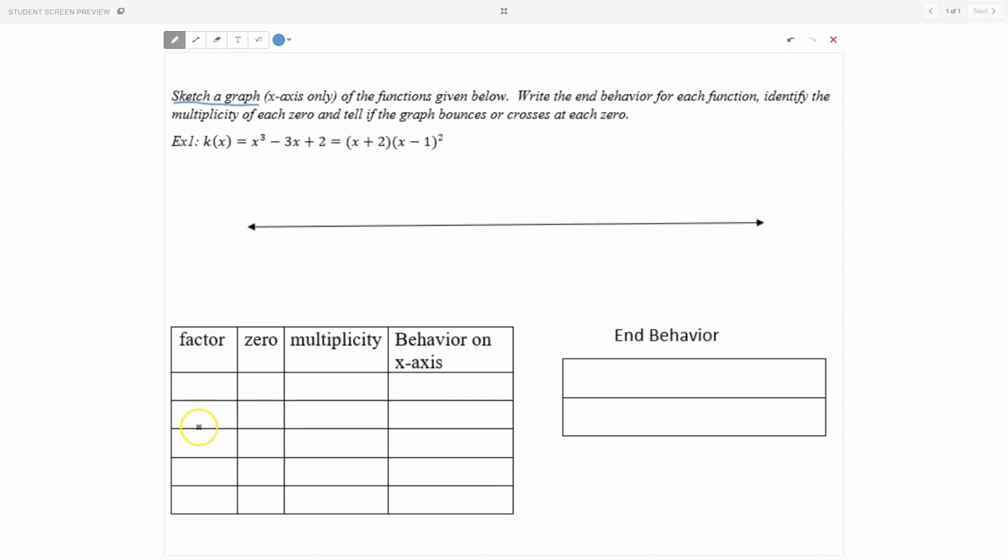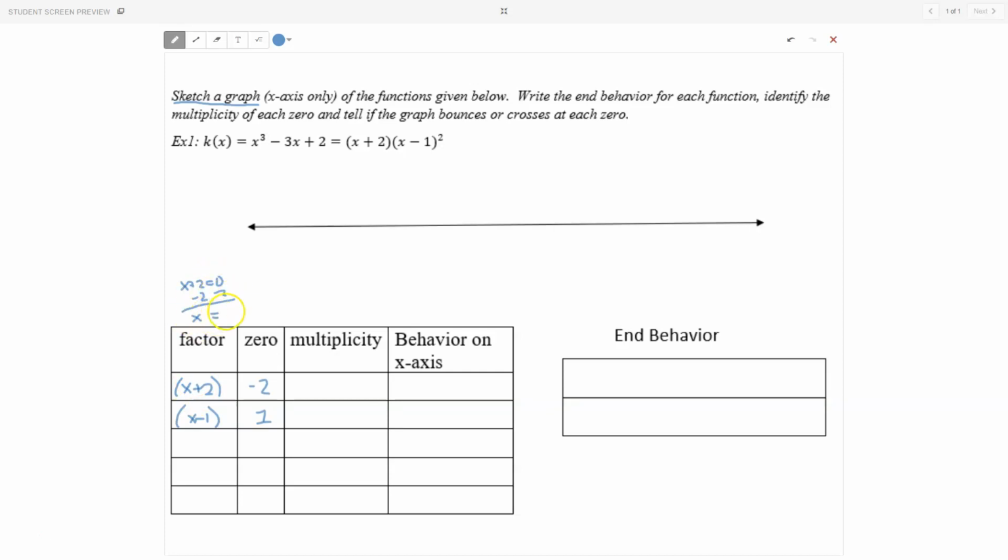So my factors that they're given to me, that factor is x plus 2 and that factor is x minus 1. That means I have a 0 at negative 2 and I have a 0 at positive 1. And if you've forgotten why that is, you take the factors, you set them equal to 0 and you solve.